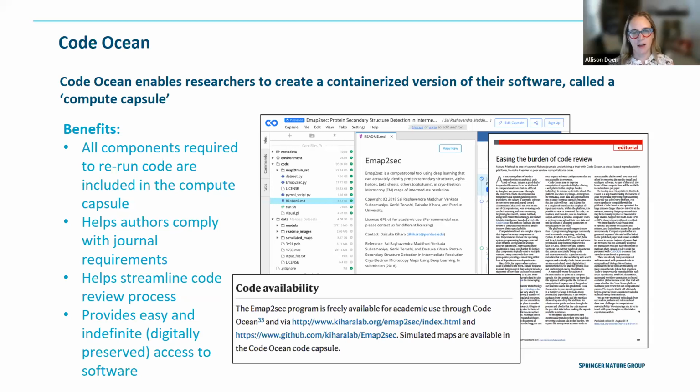So basically, everything that somebody who's interested in using this software needs to run the software is available in this containerized capsule. So authors can create this prior to peer review. It provides a really nice interface for reviewers for checking the code and testing the code. And then once the paper is published, it's a very nice package for a potential user to be able to utilize that software in their own research.